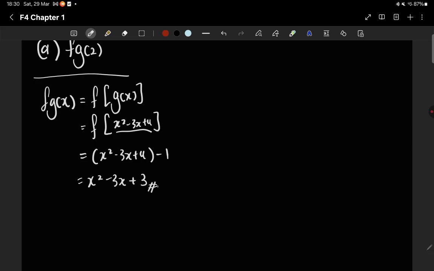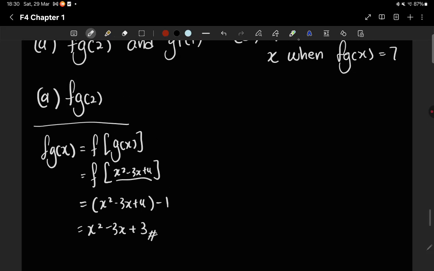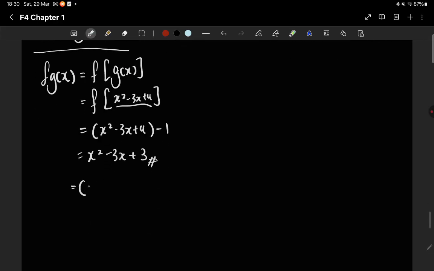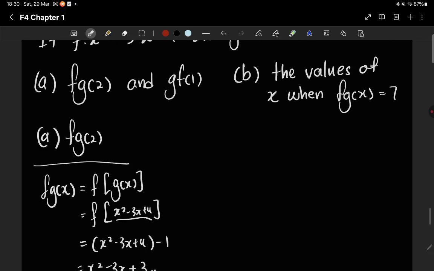This is our composite function. And now we have to find what is the output for the x value of 2. So simply just sub in the value of 2, and we should get 1.